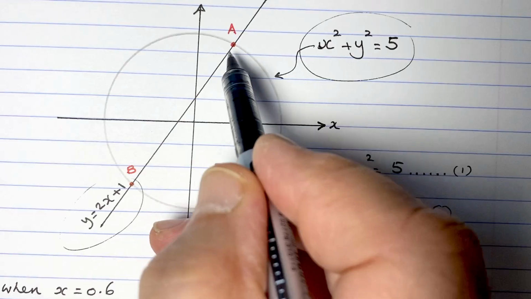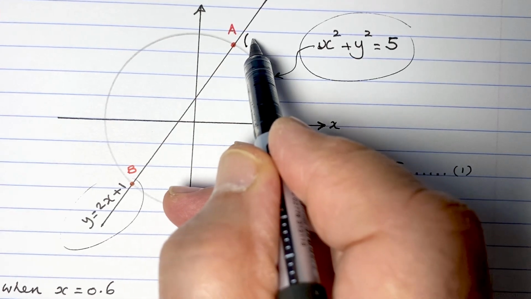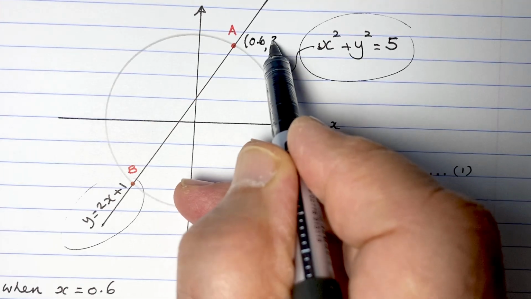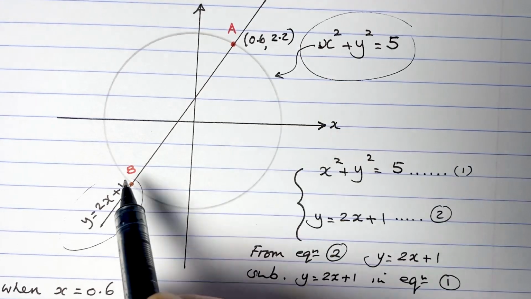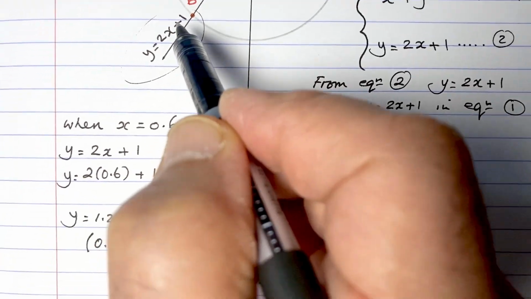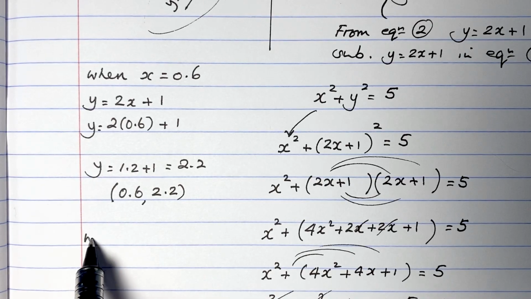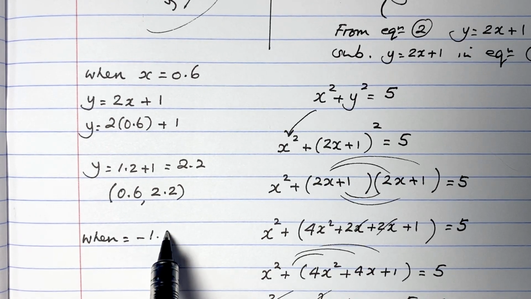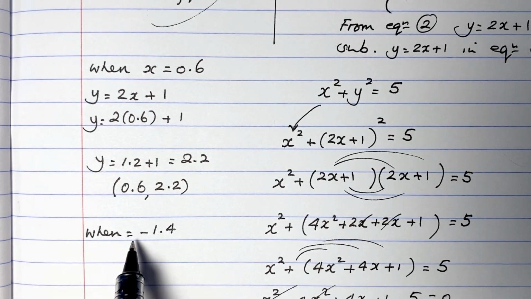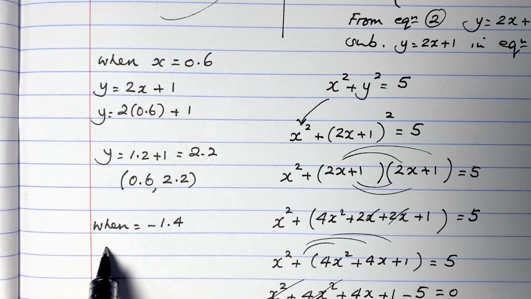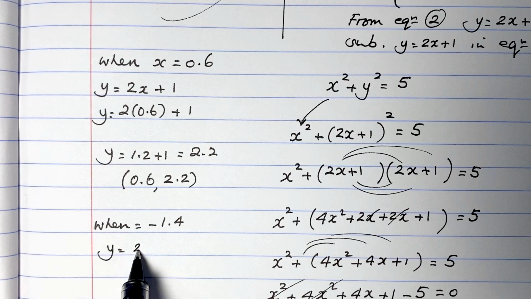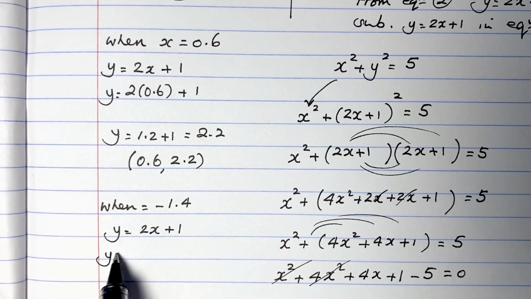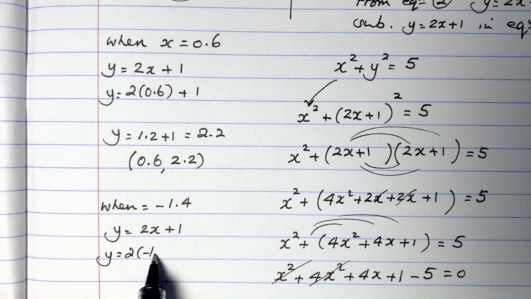So 1 point of intersection is 0.6 and 2.2, which put me here. Both x and y are positive, so 0.6 and 2.2. To find this one, I use the fact that the other value of x is minus 1.4. When x equals minus 1.4, we know y is 2x plus 1 from the equation of the line. So y equals 2 lots of minus 1.4, plus 1.